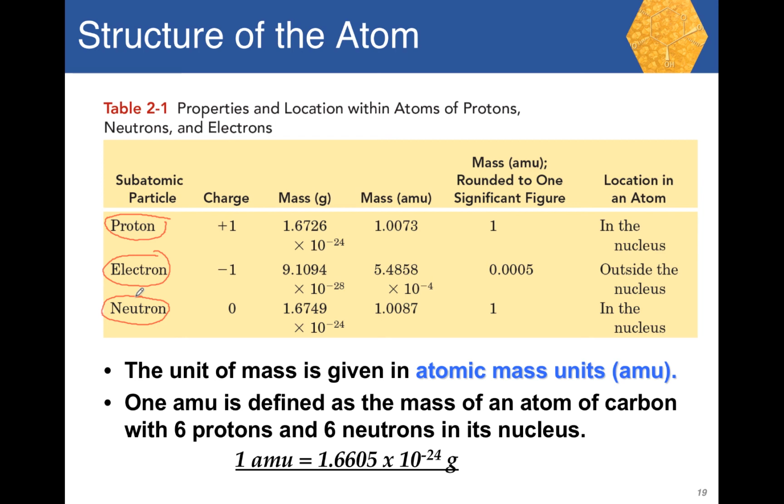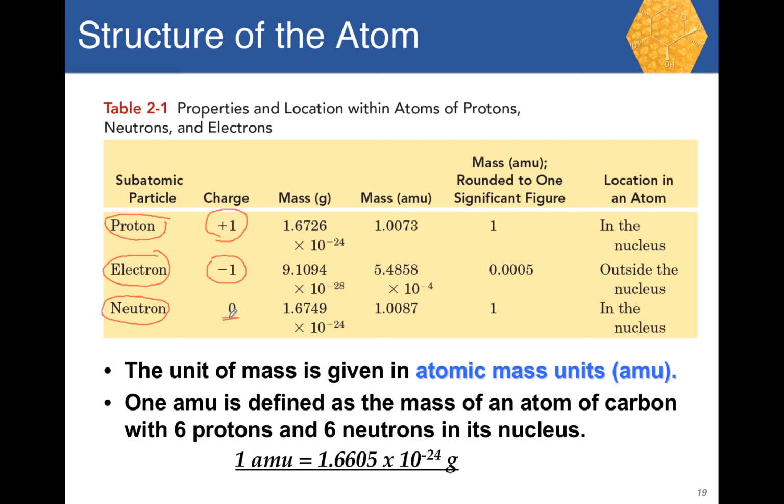Notice the charge. The proton is +1, so it has a +1 charge. The electron, as you might imagine, has a -1 charge. The neutron has a 0 charge. It's not charged.